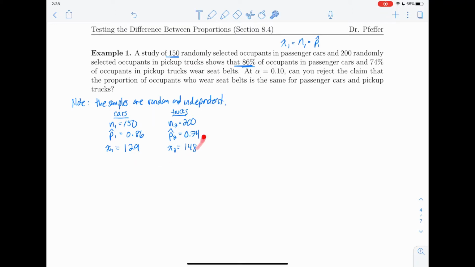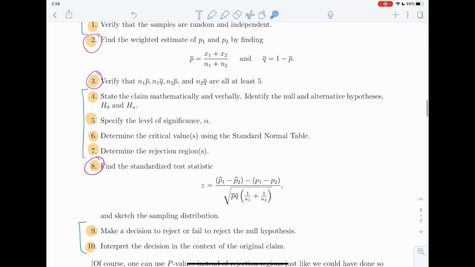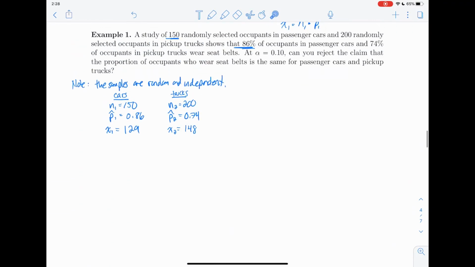And so now that we have this information, we can put it into the formula for p hat, which is right here. It's the sum of the x's over the sum of the n's. So we're going to find that p hat is equal to x1 plus x2 over n1 plus n2, which is going to give me 129 plus 148 divided by 150 plus 200.